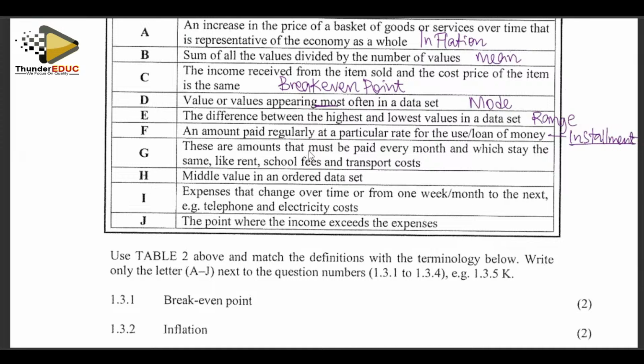You can call it installment or monthly payment, usually monthly, but it's an installment. All right. These are amounts that must be paid every month and which stay the same, like rent, and these ones we call the fixed costs. Then we come here, middle value. The moment you hear middle value, we know it's the median.